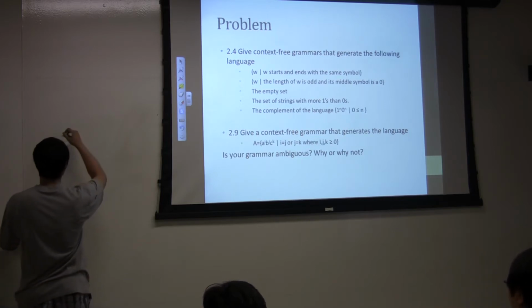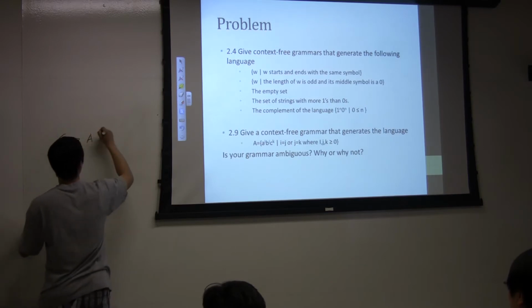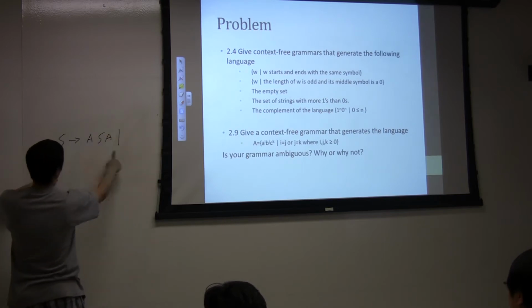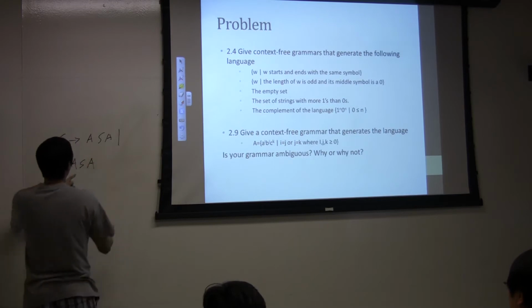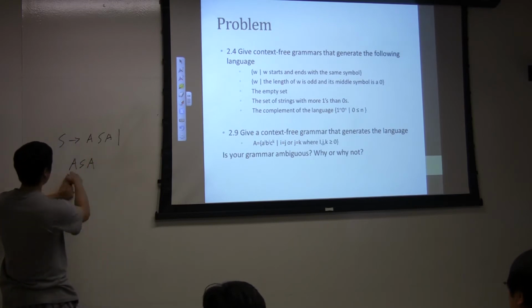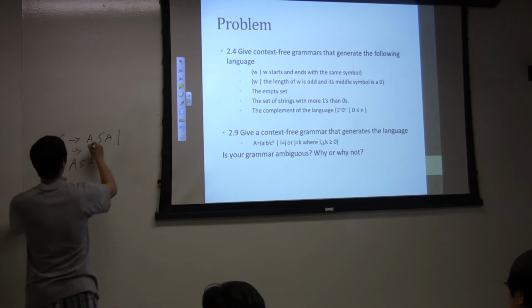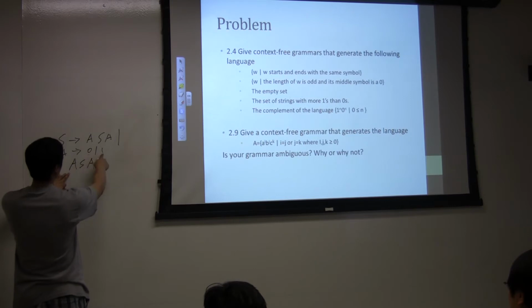the string generation is like this. So first from S we generate ASA, and for A we look at the definition of A. So for this A we can either choose 0 or 1.